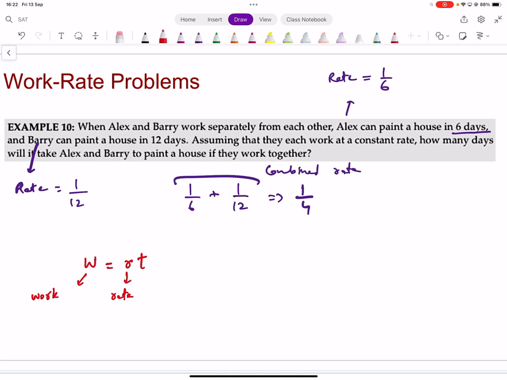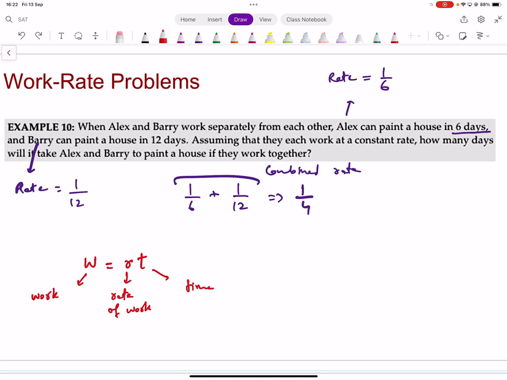This is the rate of work, and this is the time taken. Okay? Now, of course, the rate of work and time, they should be consistent. अगर rate जो है वो number of days पे है कि 6 days में उसने किया है, तो ये time भी number of days होना चाहिए. They have to be consistent.